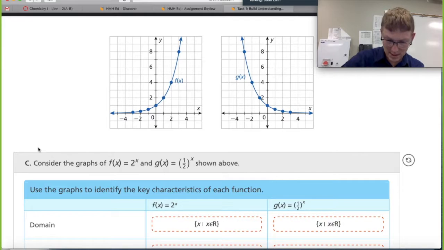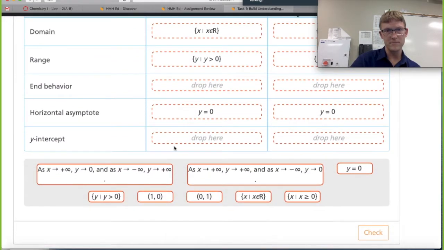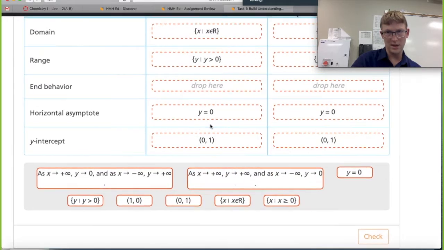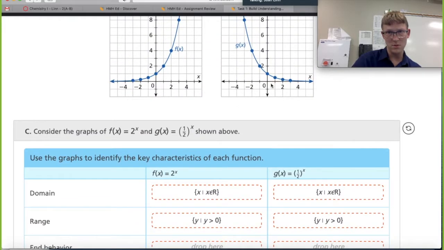So the y-intercept is this guy right here, and that is x equals 0, or (0, 1). So here we got (0, 1) and (0, 1). Again, it's the same for both of them.